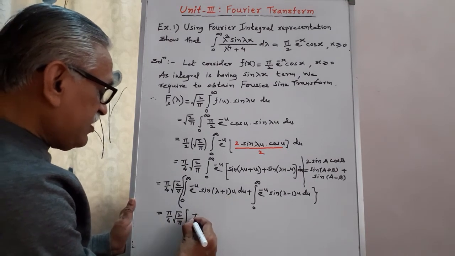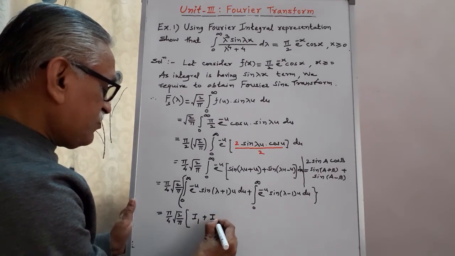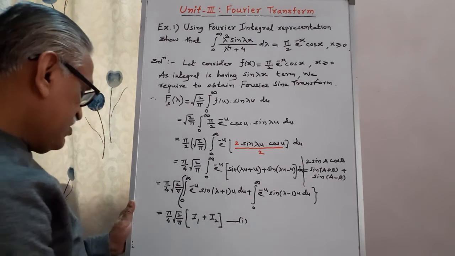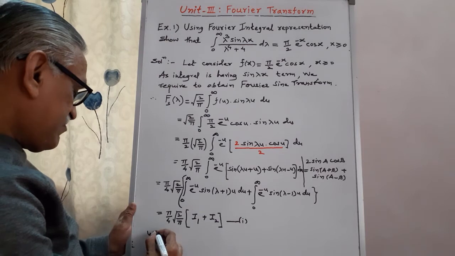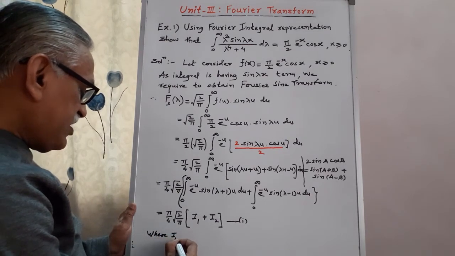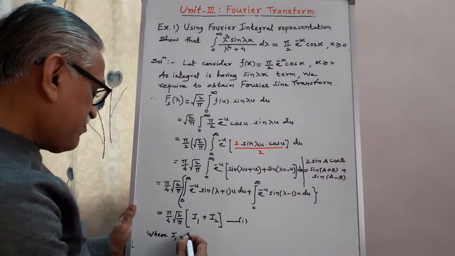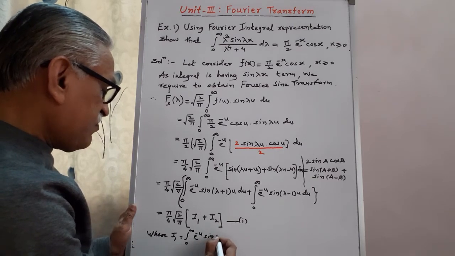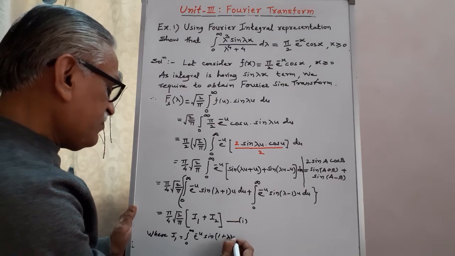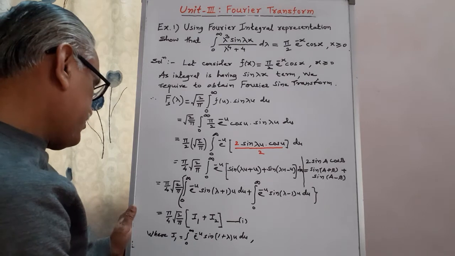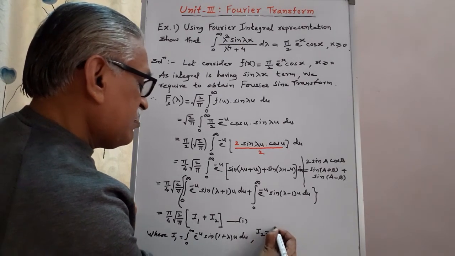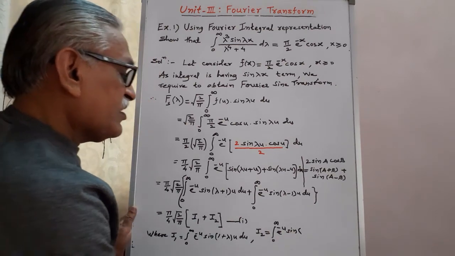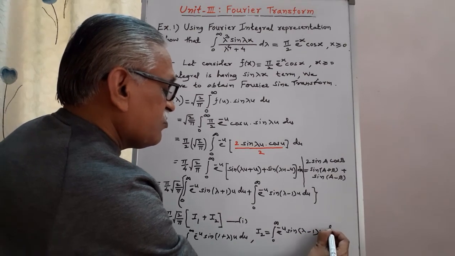The first integral we call I1, the second one I2, and we call this equation 1, where I1 is the integration from 0 to infinity of e raised to minus u sine of 1 plus lambda times u, its integration with respect to u, and I2 is the integration from 0 to infinity of e raised to minus u sine of lambda minus 1 into u du.